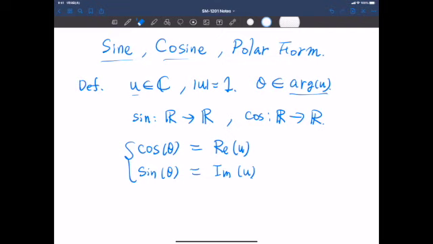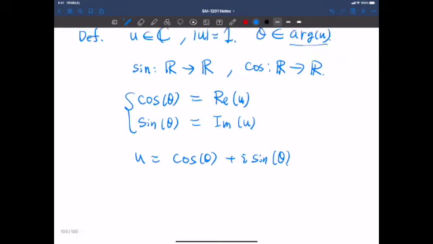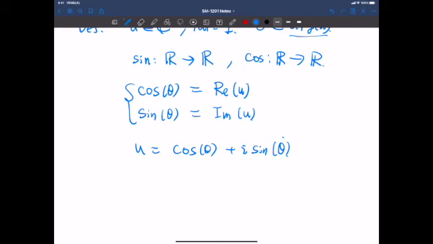So this given U can be expressed as its real part, which is cosine theta, plus i times its imaginary part, sine theta, where theta is an argument of U. So, for example, sine of pi half is 1, because if you consider the unit circle, pi half corresponds to this.